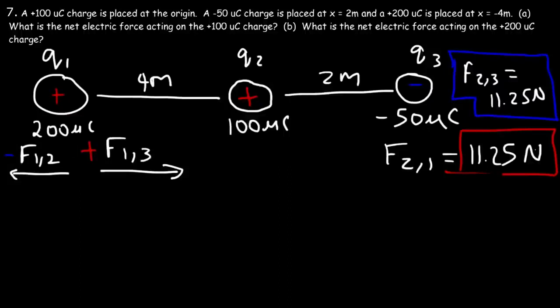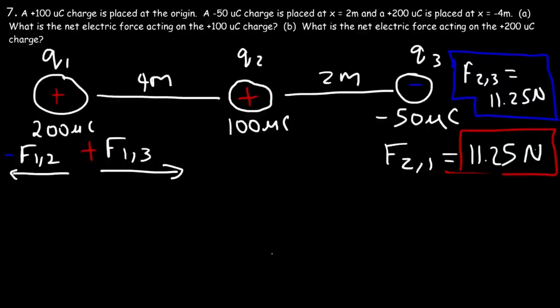So let's calculate the values of each of these two forces. Now it's important to understand that F1,2 is equal to F2,1 in magnitude. They have the same magnitude, but the direction may not be the same. So the sign might be different.